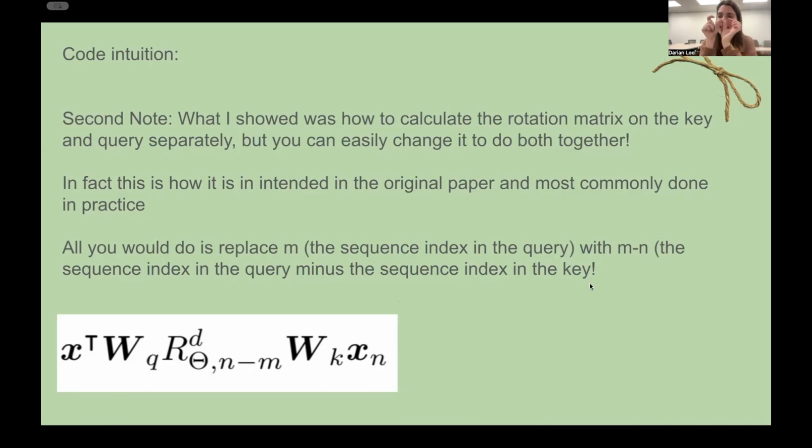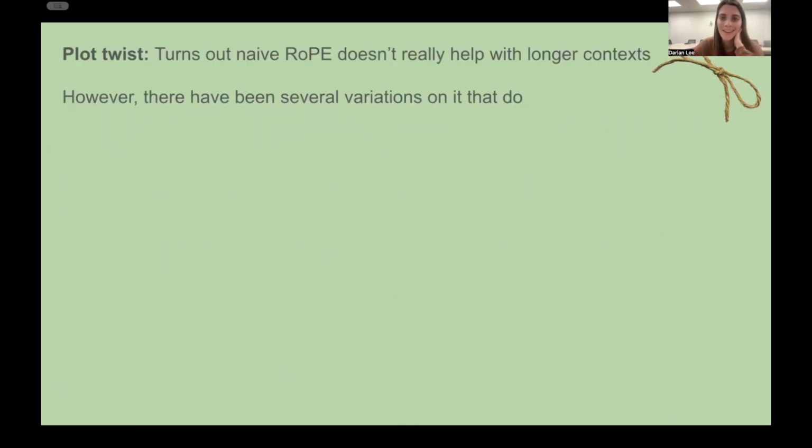So that's going to be like the relative index between them. This is mathematically equivalent to doing it the other way, but it's slightly more efficient when doing it in code.